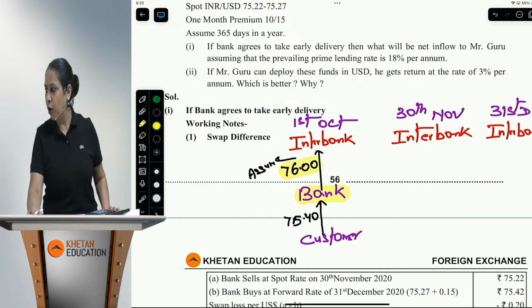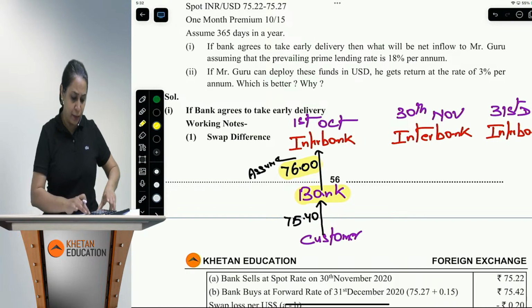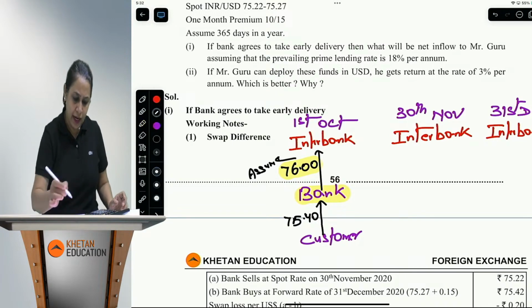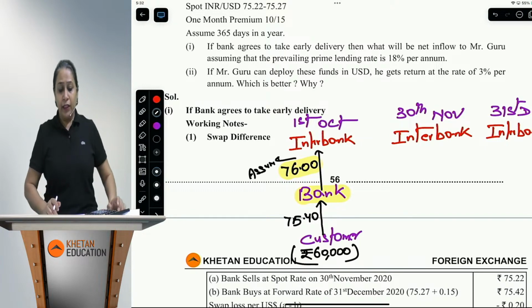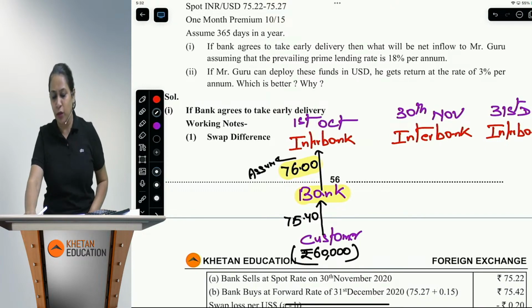How much money did they lock in on the first day? 76 minus 75.4 gives me 0.6, and that will give you rupees 60,000. Yes or no? Tell me quickly, yes or no? The bank locked in 60,000 rupees on the very first day. Yes, very good.